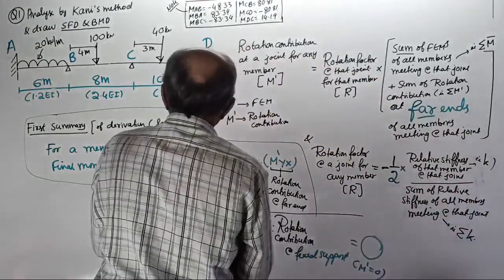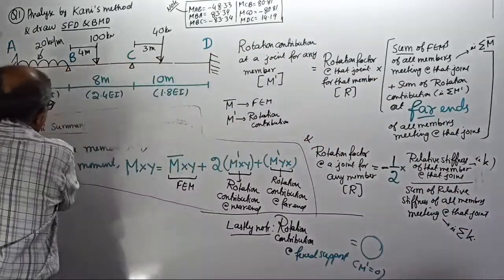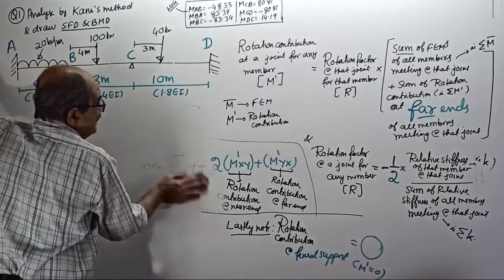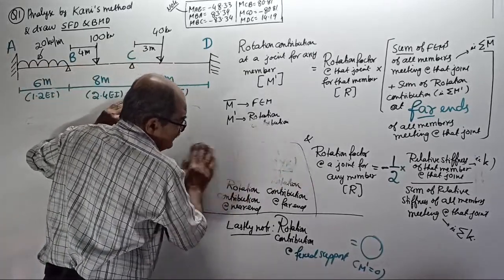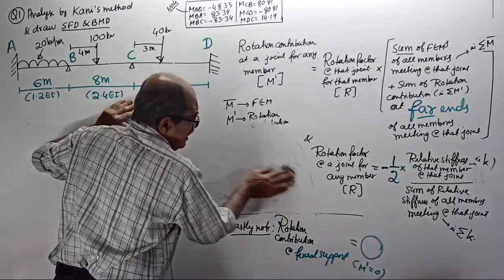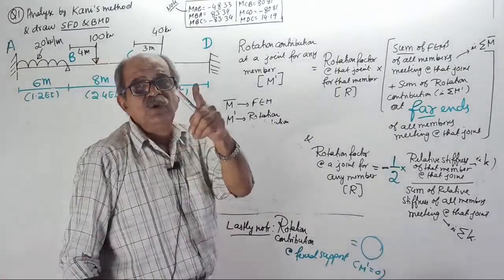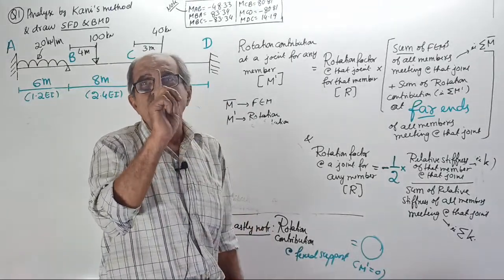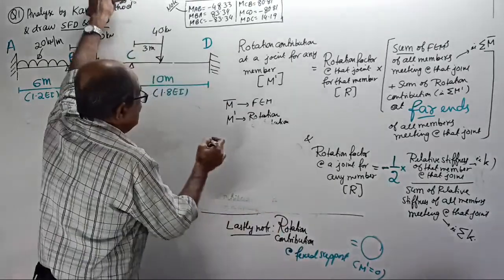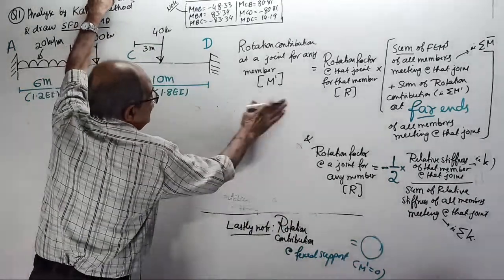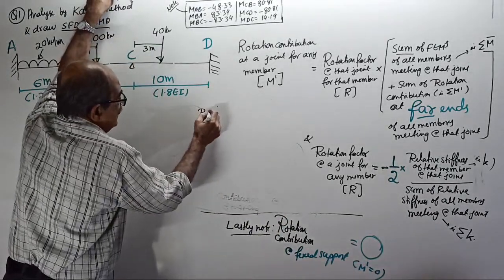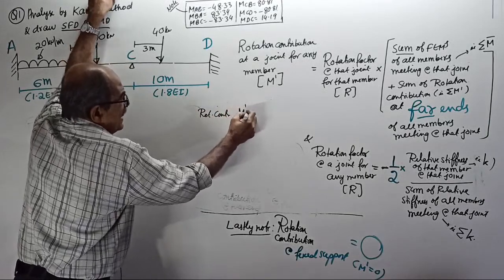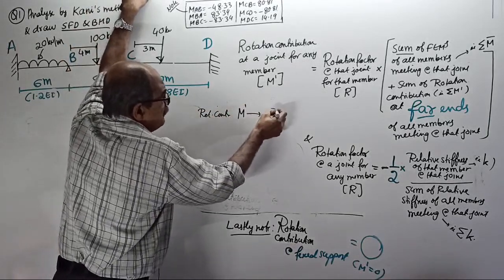Okay. Now I am going to remove this one. Why? I want more space. So the final moment expression is clear. Now you will meet this one at the end of the class. One more note you make. Suppose the end is absolutely fixed. Remember, this rotation contribution, that is m dash, is a function of slope theta.